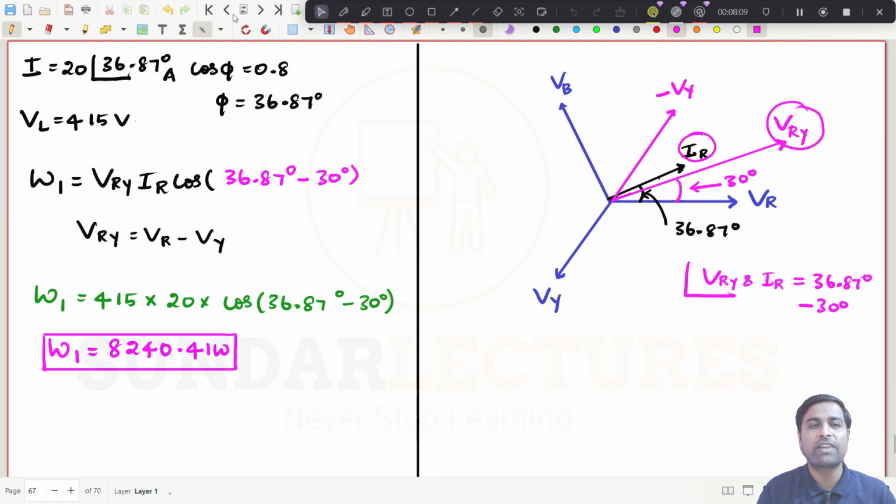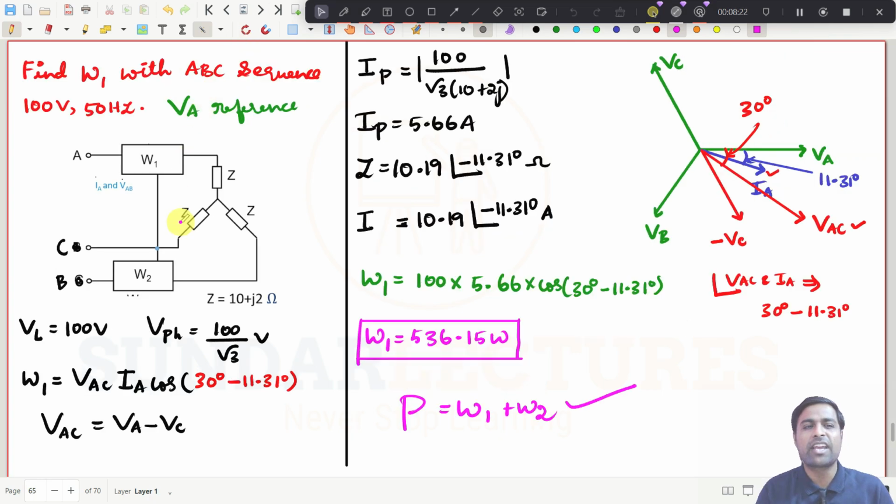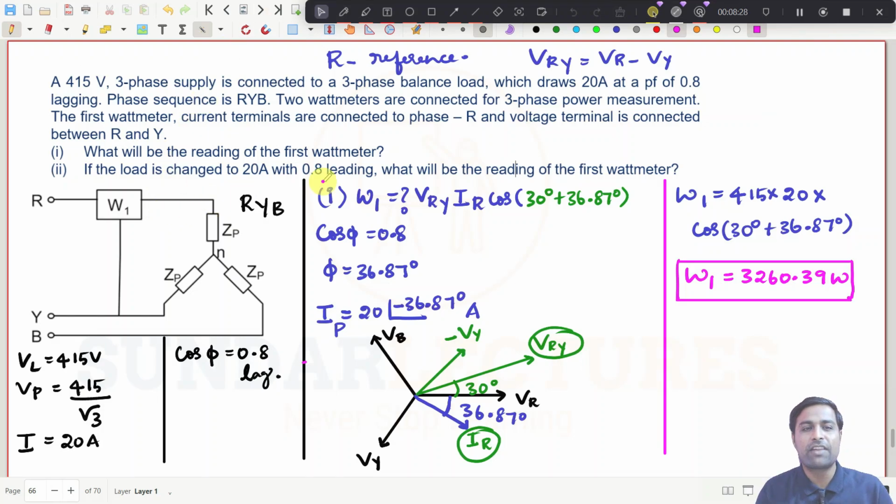So what are all the topics we have seen today? We have taken problems related to the two wattmeter method. It is connected between A, B, wattmeter number 1, and we found the W1 value. And in the next case, we have taken C, and we have found the value of W1 again. And then we have gone for this problem. They have given you two conditions, one is a lagging power factor and one is a leading power factor, right?